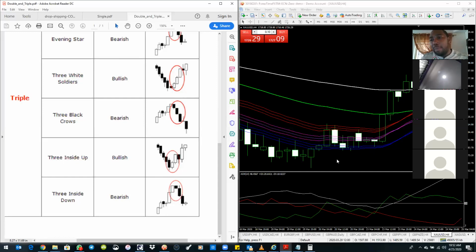From there, we'll move into support and resistance, how you can calculate your support and how you can calculate your resistance. You have your horizontal supports and resistances, and you have your diagonal supports and resistances. That is when we go into trend lines and things like that.